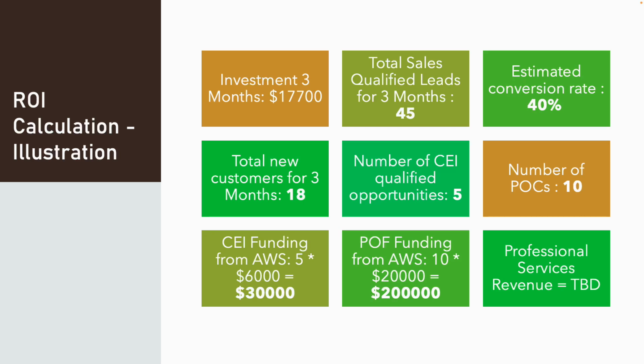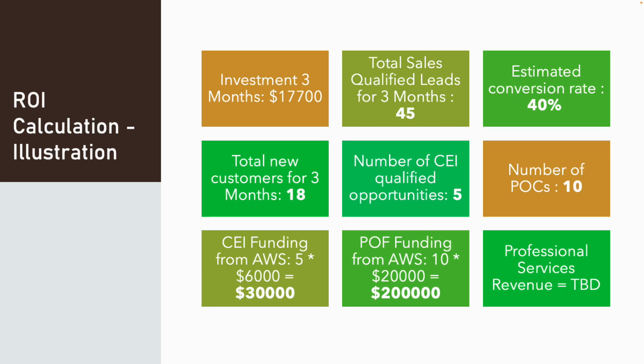Basically, I recommend doing a POC for every potential customer, whether they move forward with AWS or not, because AWS is going to involve the AWS account team, so they are also in touch with the customer and try to help you close the deal, right? So the number of POCs, let's say you did 10. The CEI funding for the five customers is about $30,000.